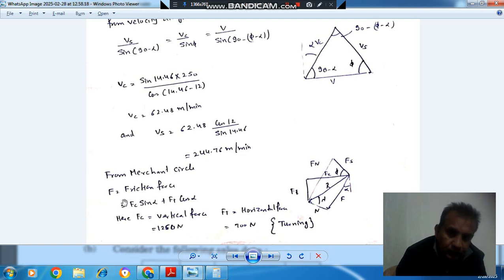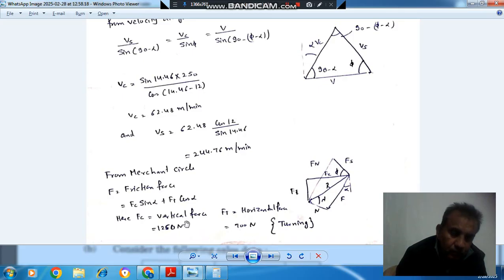From the diagram we can derive this F friction force in terms of Fc and Ft. As this angle is alpha, it is Fc sin alpha plus Ft cos alpha. Fc is vertical force, that is 1250, and Ft is horizontal force, that is 700 Newton.